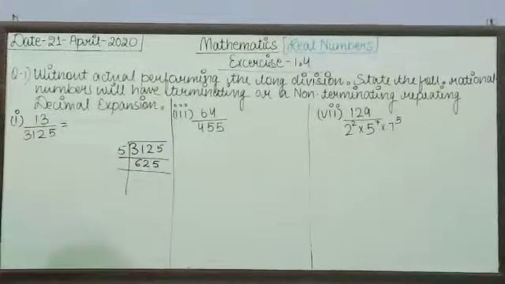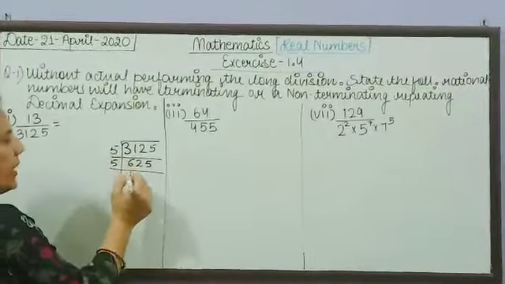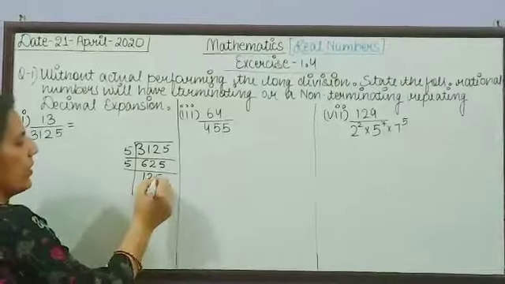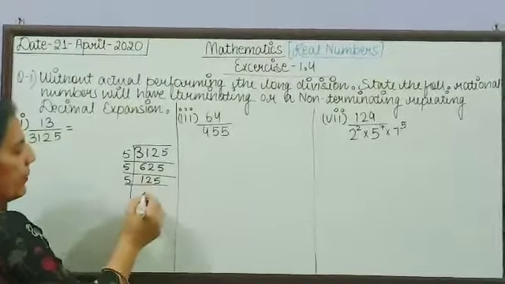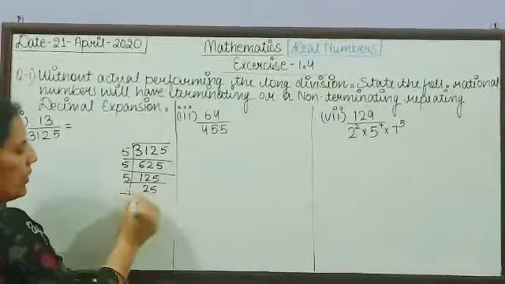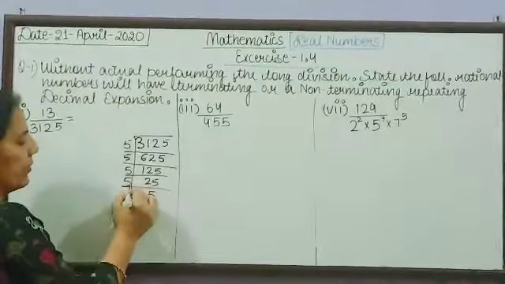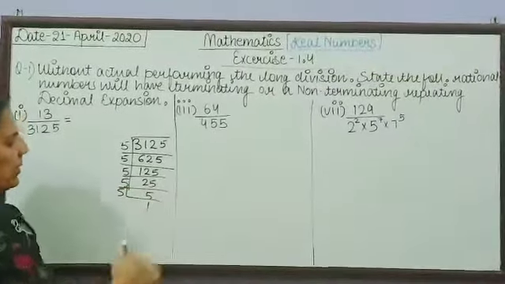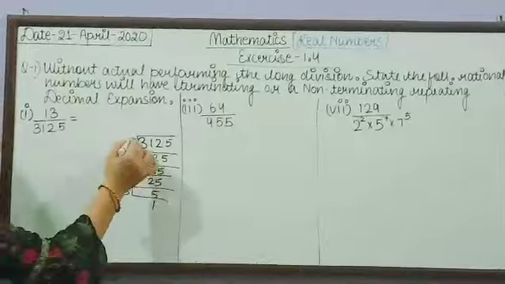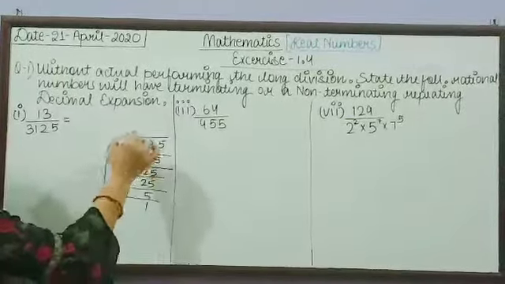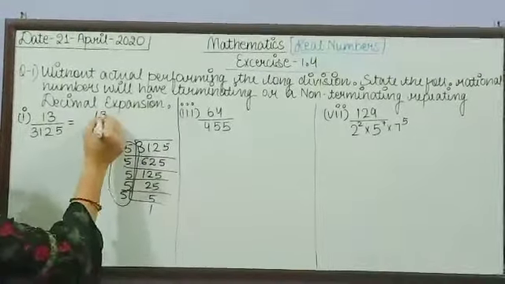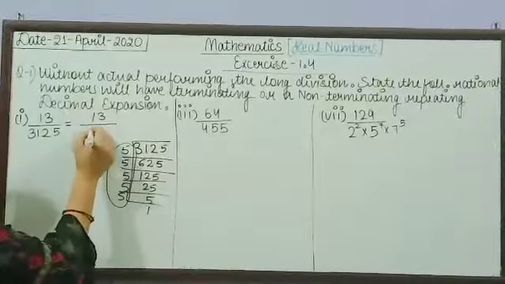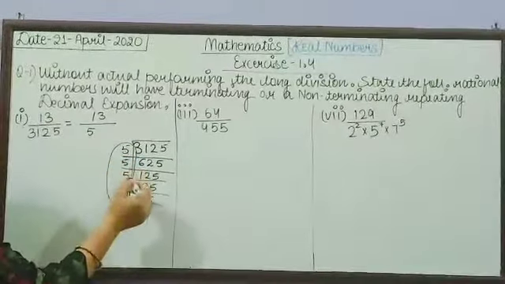Now again 5: 5 ones are 5, 5 twos are 10, 5 fives are 25, and again 5 fives. So we can say that the denominator can be expressed in the form of 5 raised to the power 5.